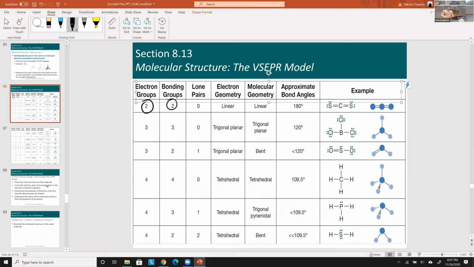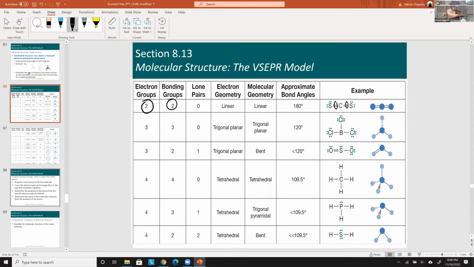This is linear for both the molecular and the electron geometries because there are no lone pairs to repel anything. These electron groups are as far away from each other as possible.